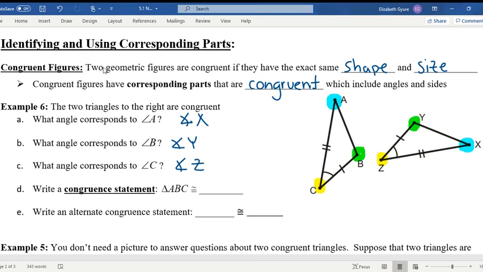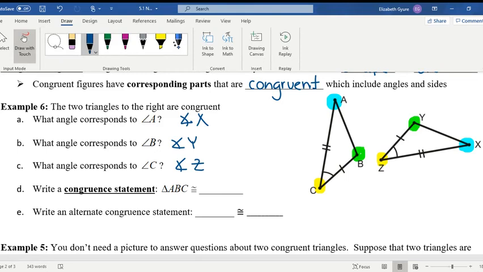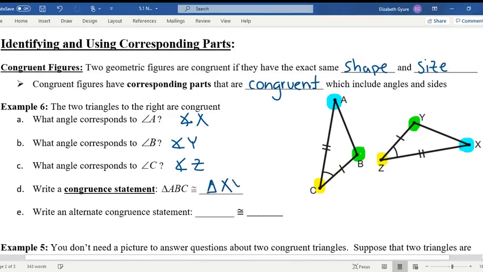So for example, if I say that I have triangle ABC, I need to say that is congruent to, and then when I name the second triangle, I have to put it in that same order. So whatever goes with A goes first, whatever goes with B goes second, whatever goes with C goes third. So exactly, I would have to call this triangle XYZ, because A goes with X, B goes with Y, and C goes with Z.